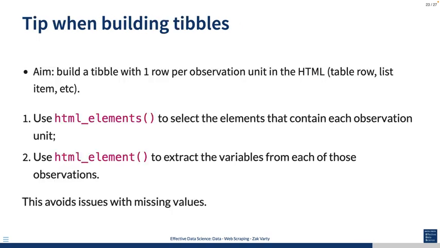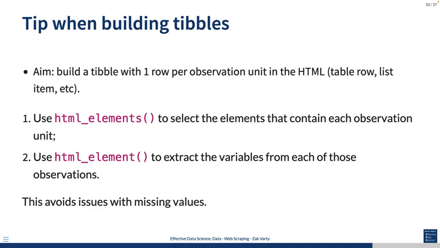So when you're scraping data from a web page, your end goal is typically going to be to construct a data frame or a tibble of that data. If you're following the ideology of tidy data, you'll want each row within that data frame or tibble to correspond to some repeated measurement unit on the HTML page. If this is the case, then you should first use html_elements, plural, to select the elements that contain each observation unit, and then use html_element in the singular to extract those variables from each observation.